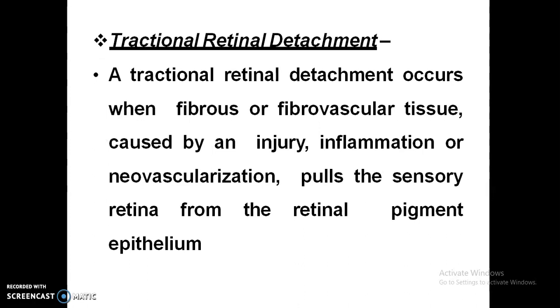Then the traction retinal detachment occurs when fibrous or fibrovascular tissue caused by an injury, inflammation or neovascularization pulls the sensory retina from the retinal pigment epithelium. It occurs when there is fibrous or fibrovascular tissue accumulation due to any injury or inflammation, or neovascularization.